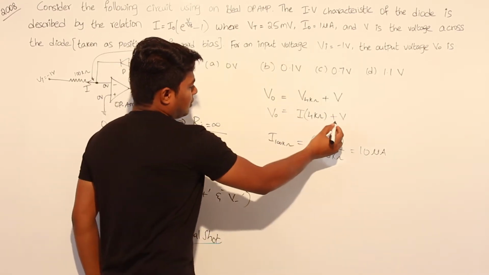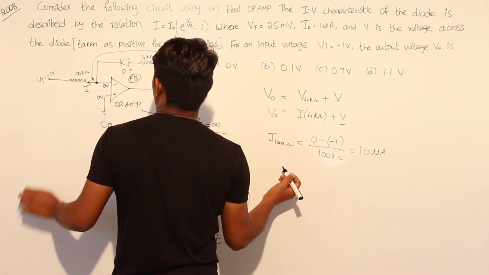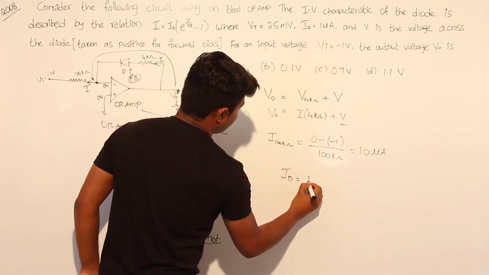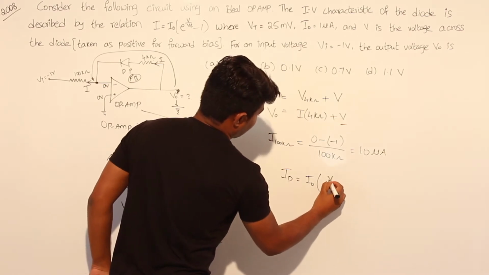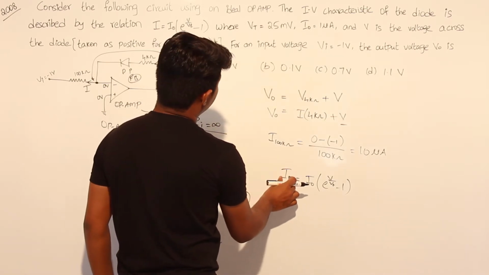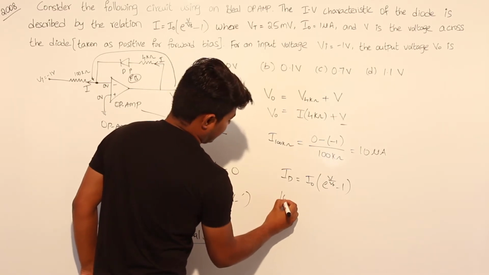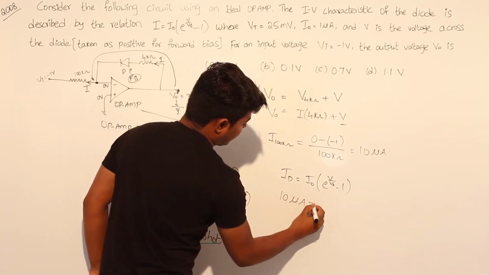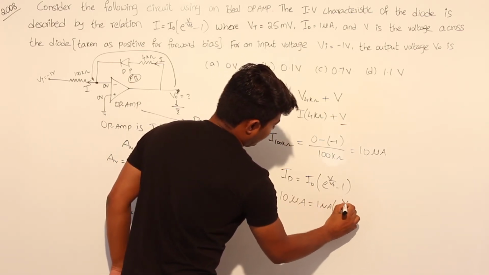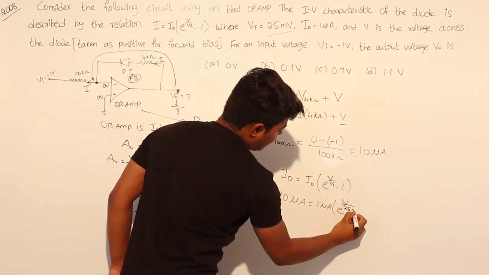Now we will calculate the diode voltage. The diode voltage can be calculated using the equation ID = I0 (e^(V/Vt) - 1). The diode current is the 10 microamperes we found. So 10 microamps = 1 microamp times (e^(V/25 millivolts) - 1).